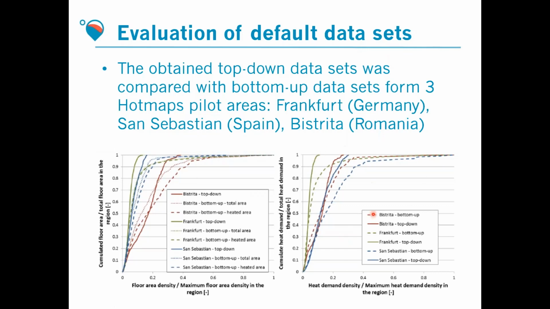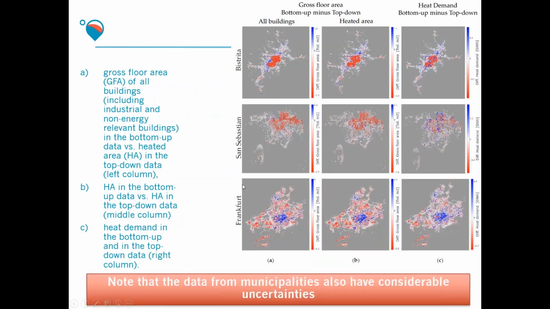This behavior is seen also for the heat demand density, but basically this is a systematic behavior of top-down and bottom-up approaches, and this can be seen in other works and datasets that are generated based on these two methodologies.